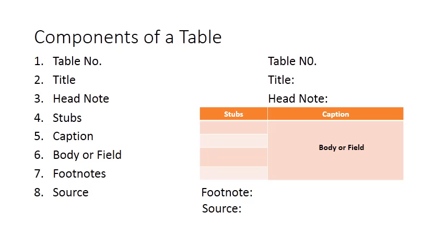After that is body or field. Body or field is the data. It is the numerical value. So you can see on the right side this table, and stubs, caption and body or field are the main components, or we can say it is the data in the table. Then after that it is footnote.